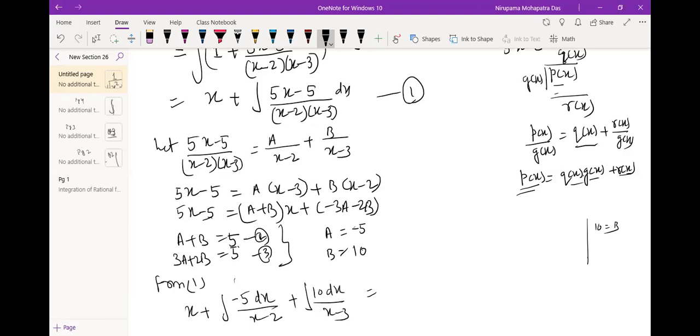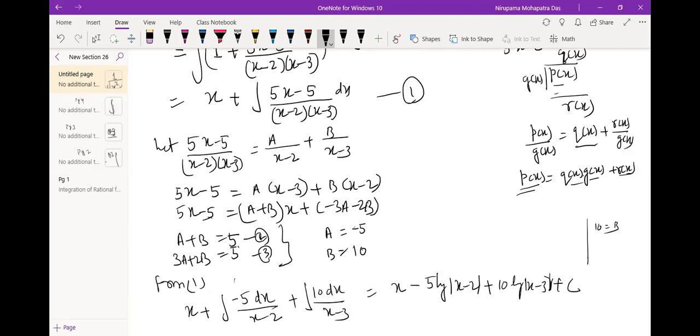That is equal to x minus 5 log of x minus 2 plus 10 times log of x minus 3 plus the constant of integration. So this is one type.